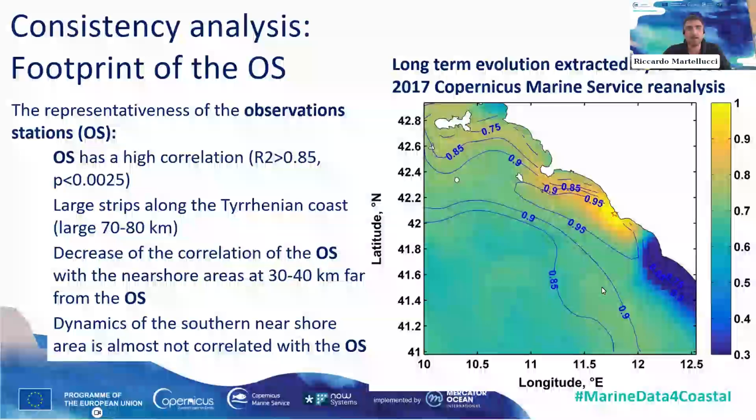Then we can use the model product to obtain an idea of the representativeness of our sampling station, which is represented by this star, and with this model that we have before performed the consistency checks, we have an idea of what is the footprint of our observing station.